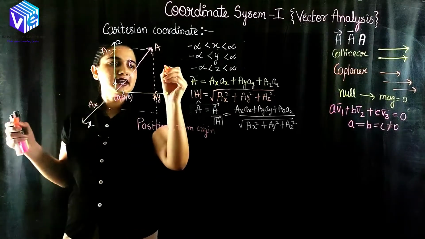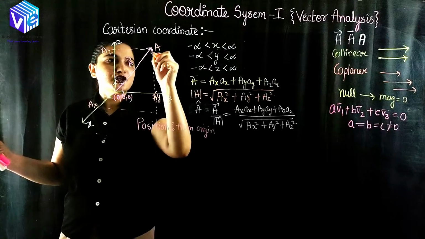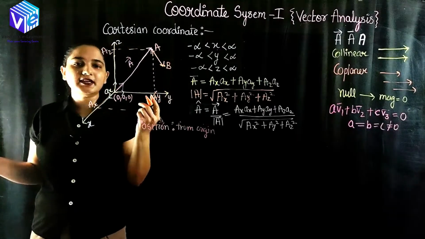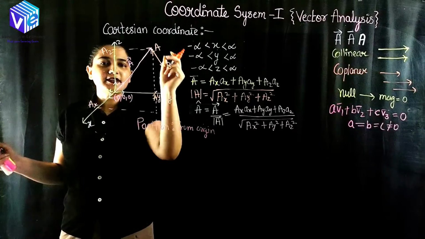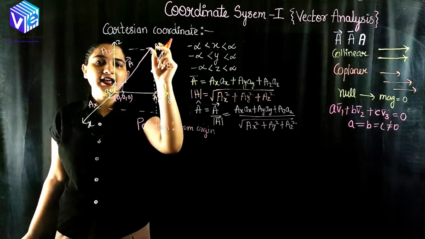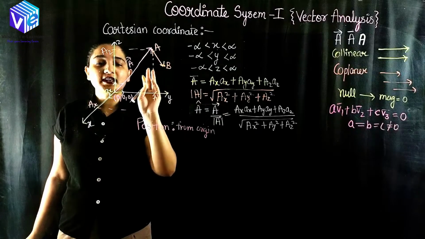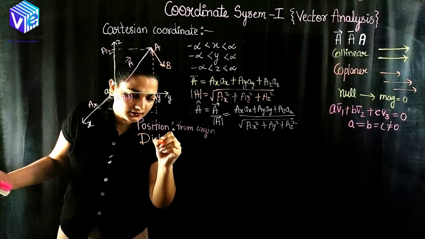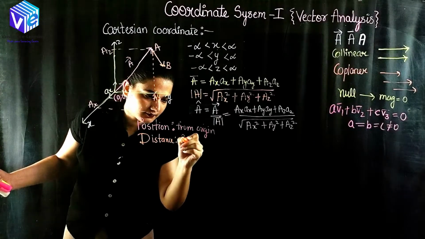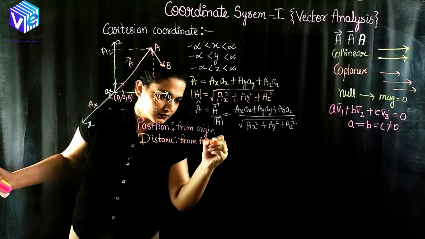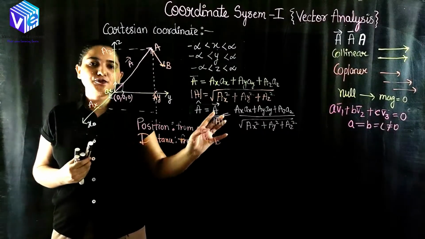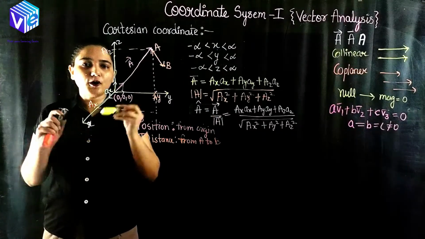If I have any other vector B here, the distance vector is the displacement between A and B, or the minimum distance between the two points A and B, and these two points must not be the origin. So we are finding the distance from A to B. I hope you got all of these things.